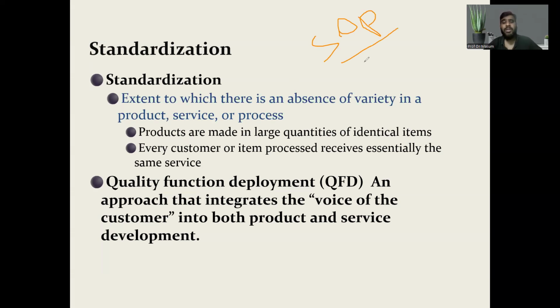Say, for example, when Toyota designs a new automobile, they do not produce one piece. What do they do? They produce 100 million pieces, 1 billion pieces together. This is known as standardization.